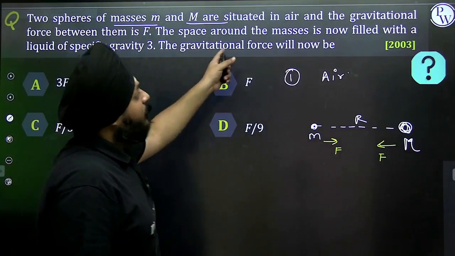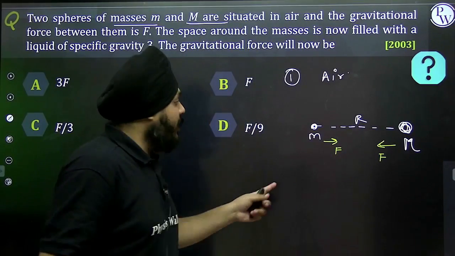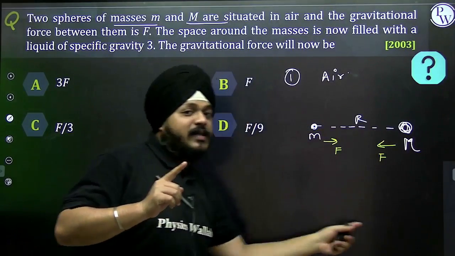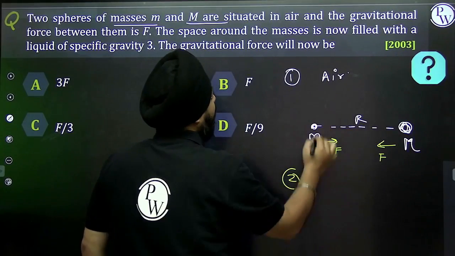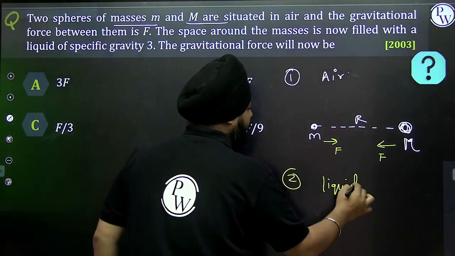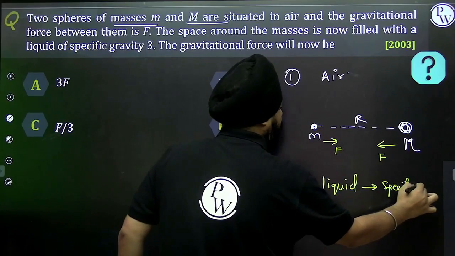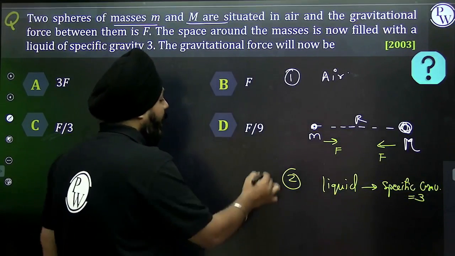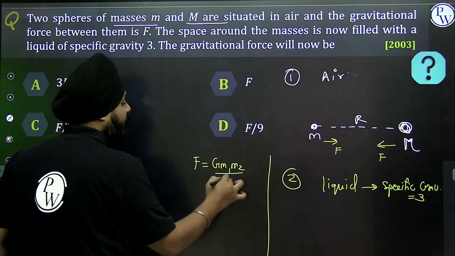The space around the masses is now filled. See, there is no change in the density of the particles, but the density of the surrounding medium is getting changed. Air is now replaced with some liquid with a specific gravity. According to Newton's law, force is equal to G m1 m2 whole divided by r square.